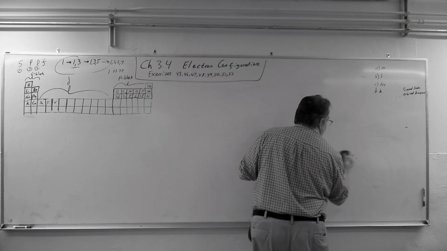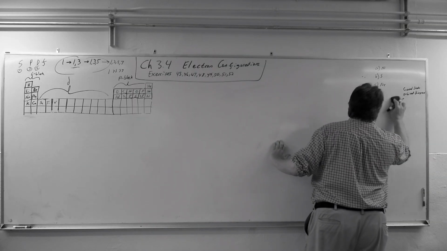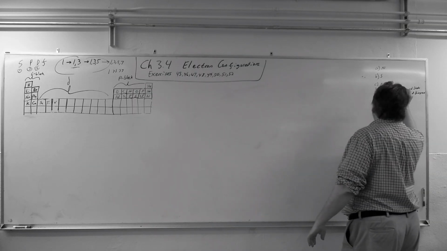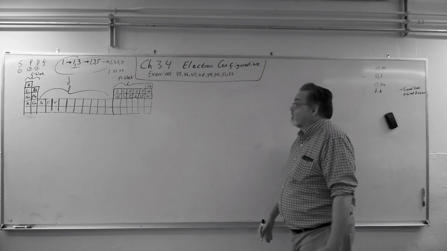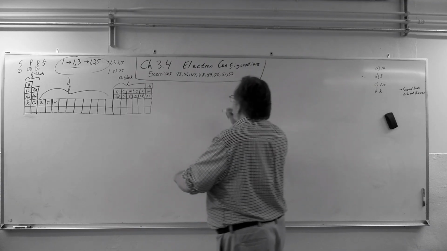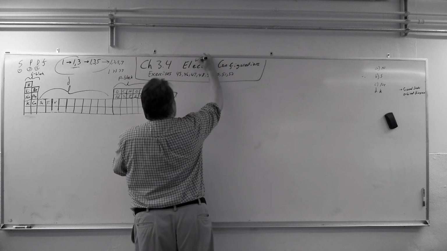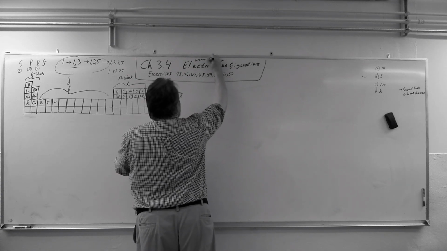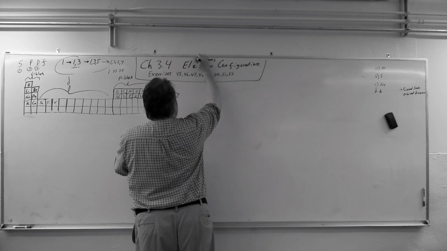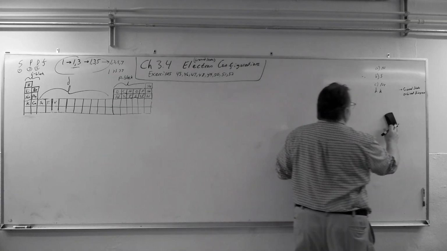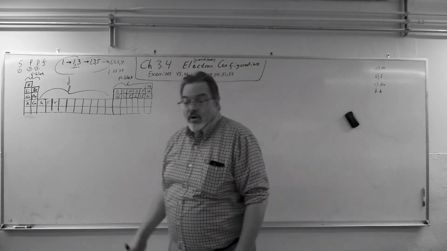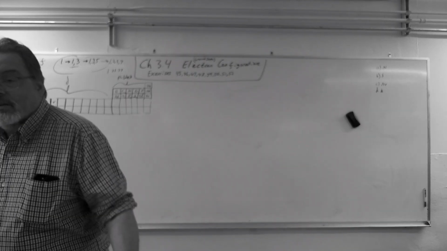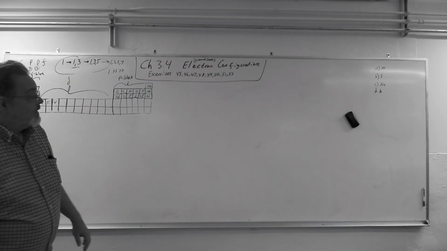Everything except for my sketch of the periodic table. Again, what we're doing can also be called the ground state electron configuration. Okay. You're doing homework, you're taking a test, and it says give the electron configuration.